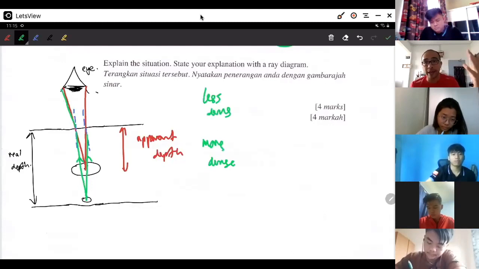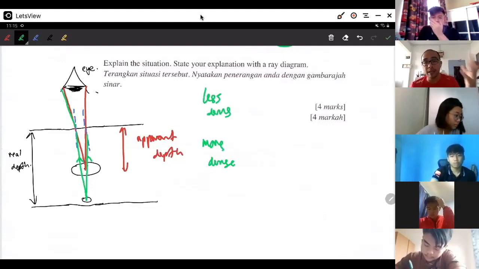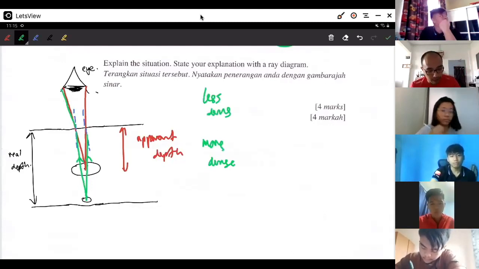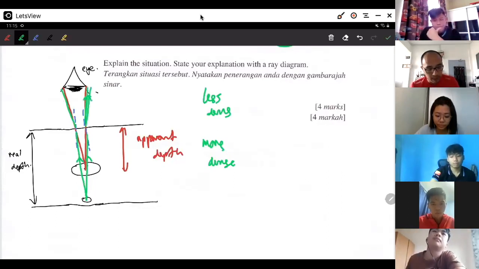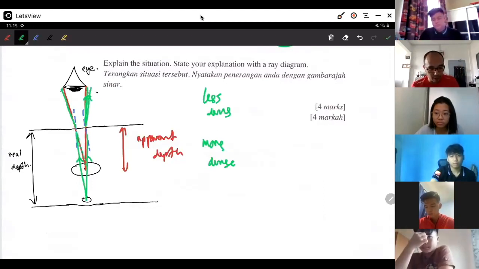The refractive angle is bigger than the incident angle. So sepatutnya dia pergi lebih jauh, menjauhi normal. But because our eye can only see in a straight direction, bila kita panjangkan ini ke belakang with dotted lines, we will see the image over here. Okay, should I draw a much bigger one?